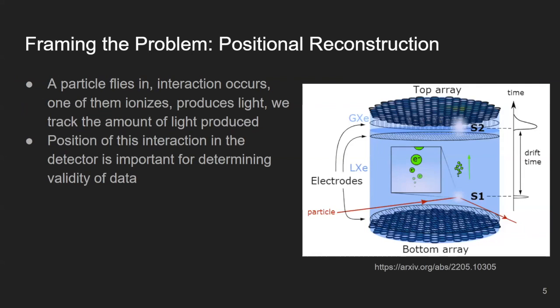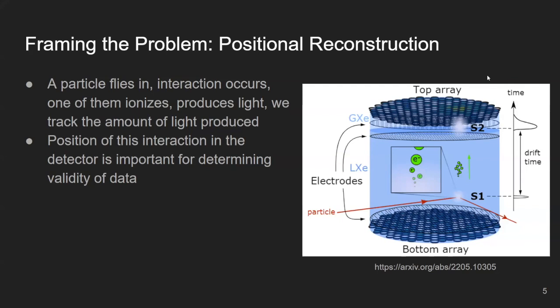So going further into positional reconstruction, when a particle flies in and interacts with the xenon, one of them ionizes and produces light, as I explained. We are tracking the amount of light produced, but we need to know where horizontally in the tank the interaction occurred based on the patterns of light produced.